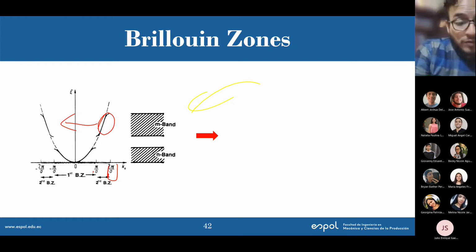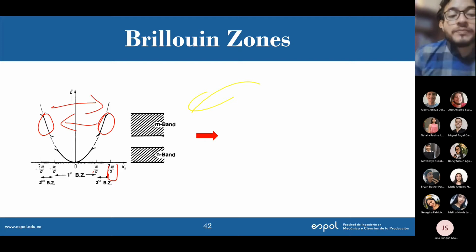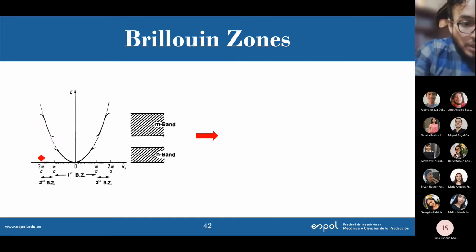And do the same with this one. Shift this 2 pi over a. And what are you going to get? This will be here, something like that. Let me use another color. So shift this 2 pi over a to that side.